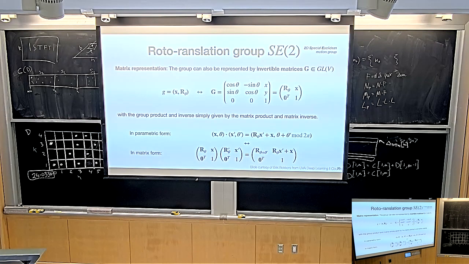But in the group, for instance, what is the identity element? The identity element is translation 0, and then angle 0. So it's actually just 3 numbers, which are all 0. And then the inverse element, if I give you this tuple of 3 numbers, 2 of which are the translation and 1 of which is the rotation angle, then it's just the negative of the translation and rotate by the negative angle.